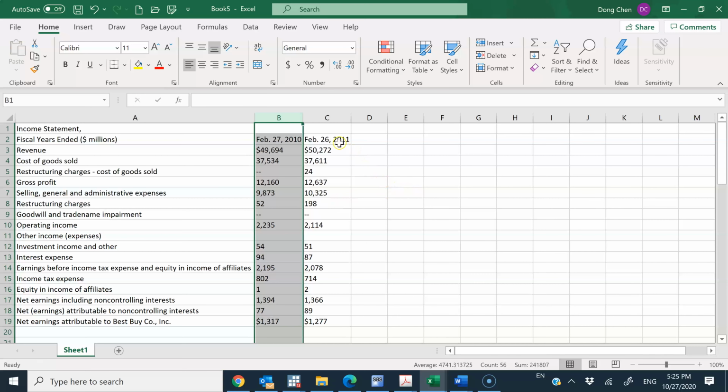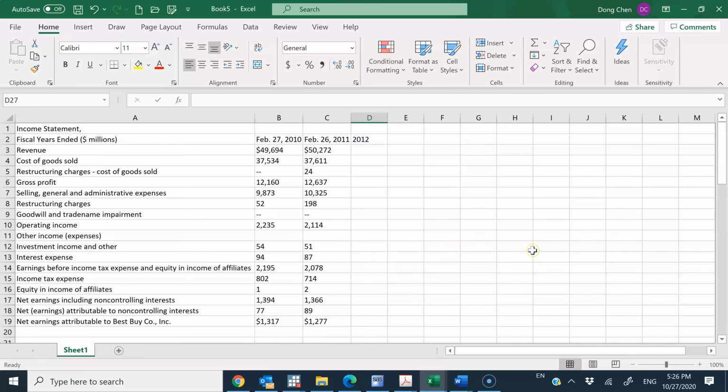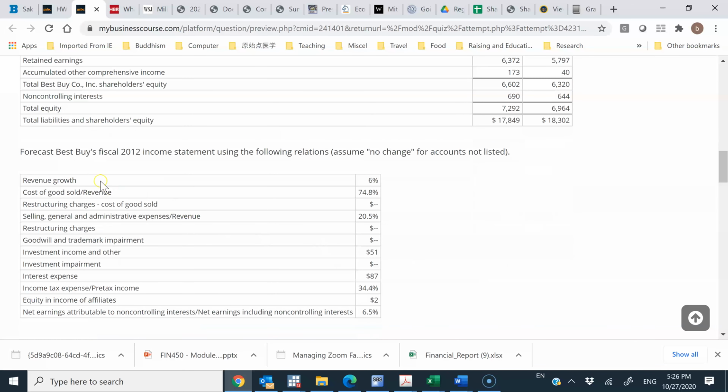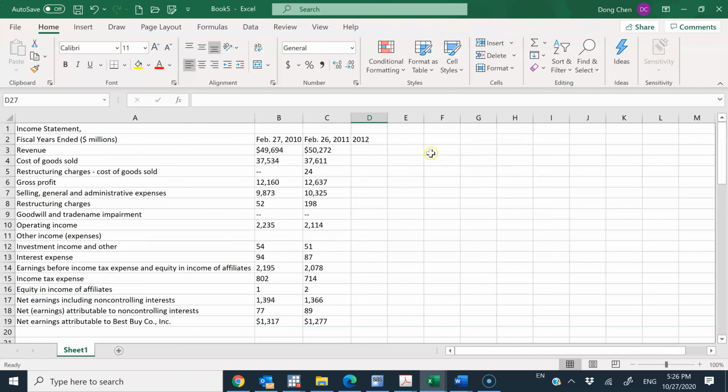and then my job is to forecast the 2012 number here for both income statement and balance sheet. So we can also copy the assumptions which we can use in order to do the forecasting. Let me put the assumptions here.